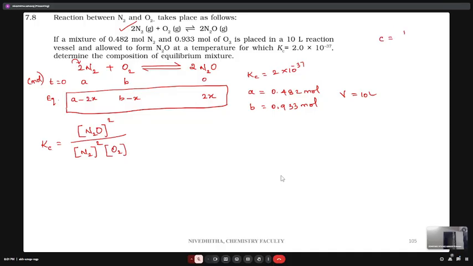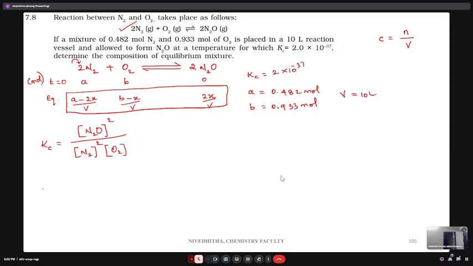Concentration is equal to number of moles by volume. So we have to divide all the number of moles by volume. Here A minus 2x is the remaining number of moles, so we divide it by V. Here also we divide by V, and here also.